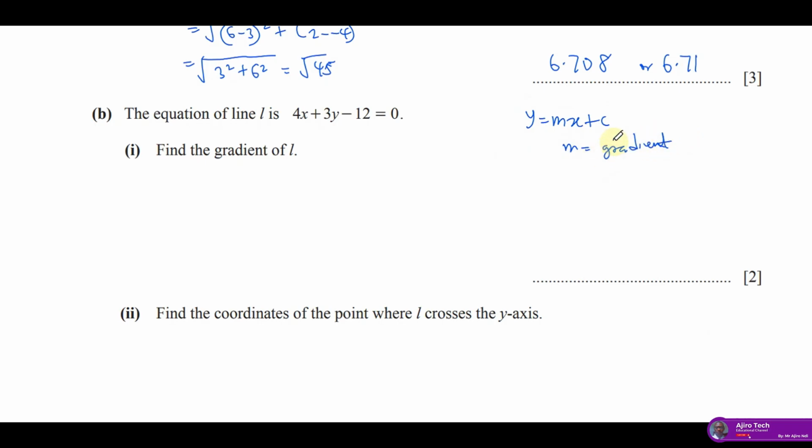So solve for y, make y the subject. 3y is minus 4x plus 12. y becomes minus 4 over 3 x plus 12 over 3, that is 4. So the gradient m is equal to minus 4 over 3.